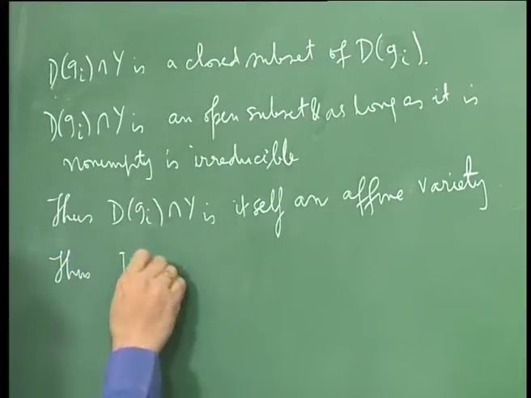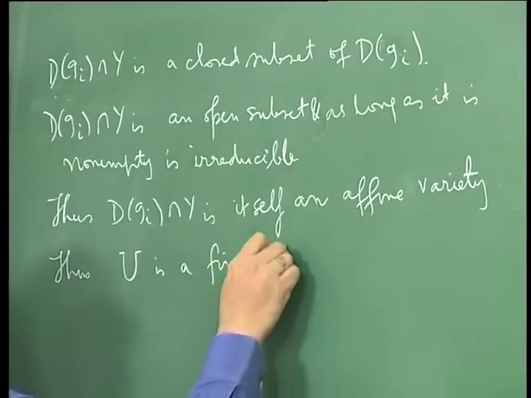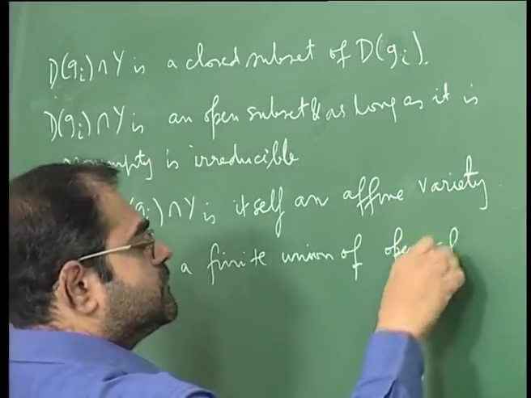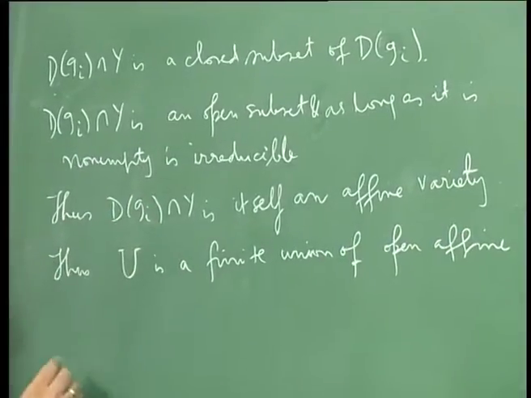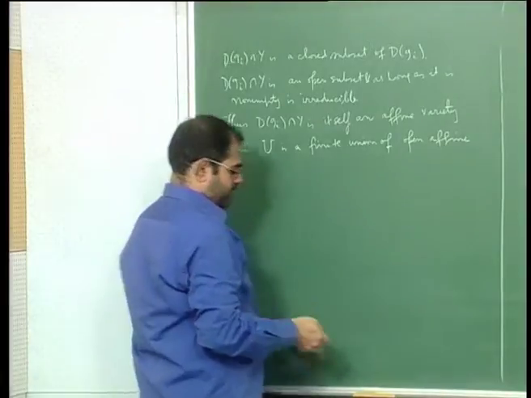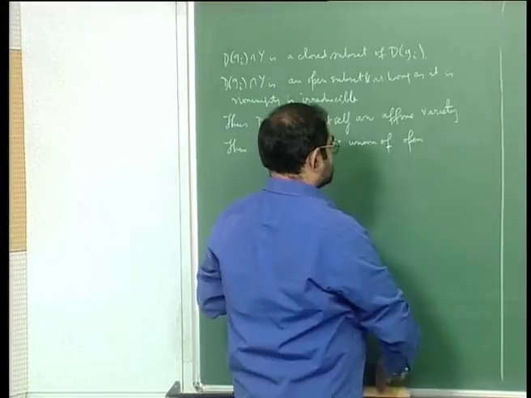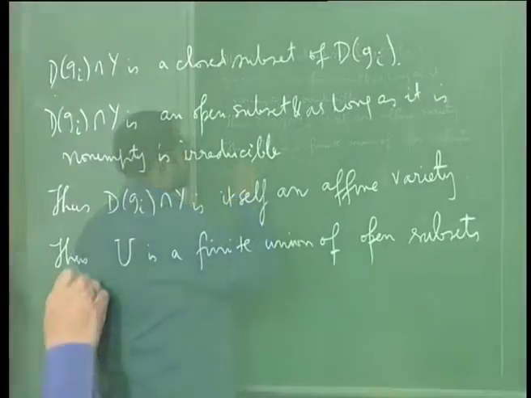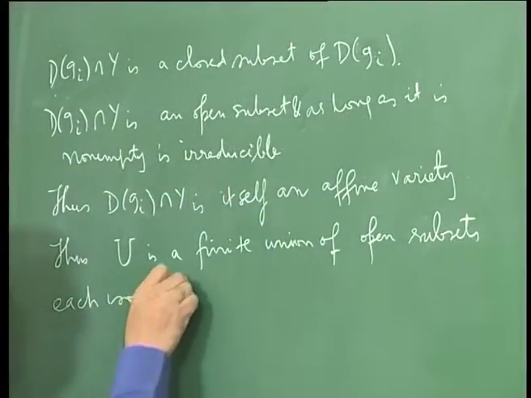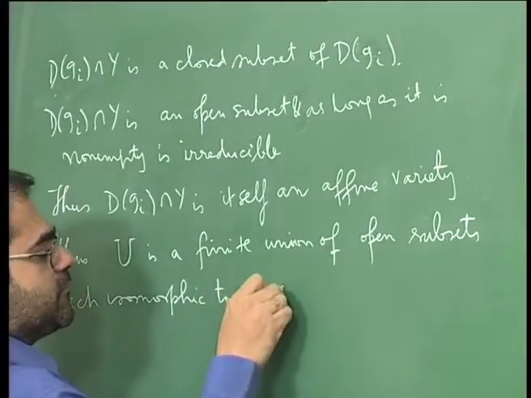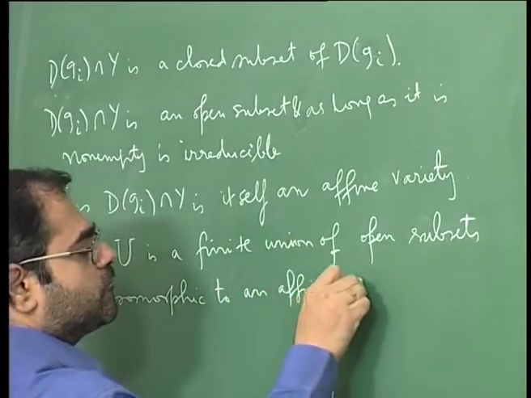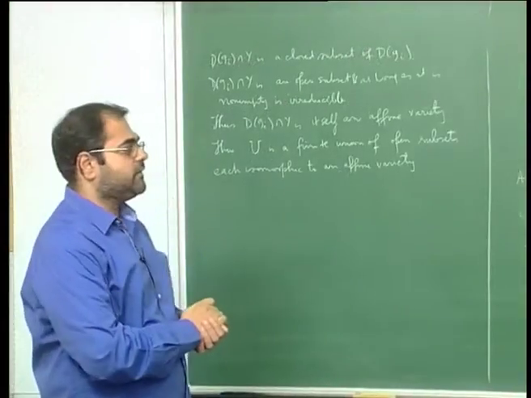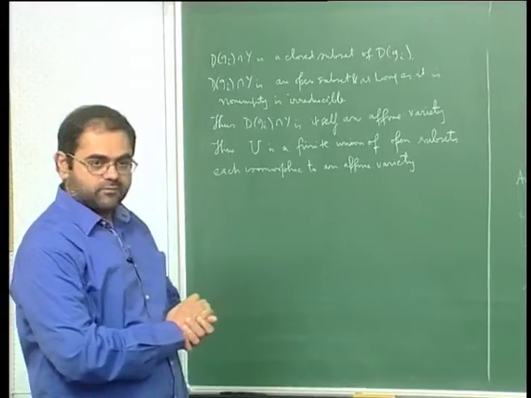Thus U is a finite union of open subsets, each isomorphic to an affine variety. So this is observation 3, that any quasi affine variety is a finite union of affine varieties.